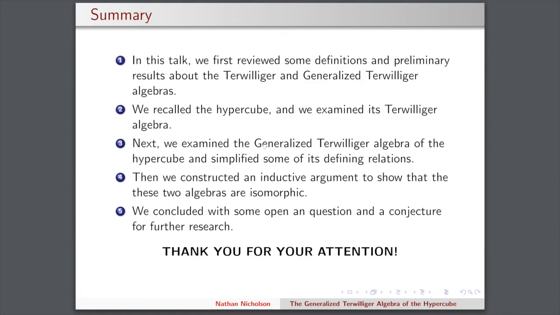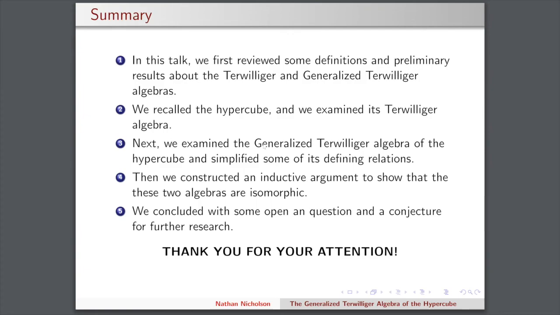Let me just stick in a question or a comment. Comparing the generalized T algebra with the regular T algebra, is there some relation, something beyond the triple product relations that we're familiar with?